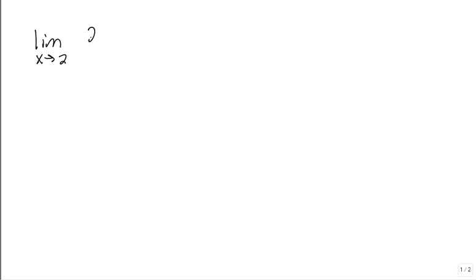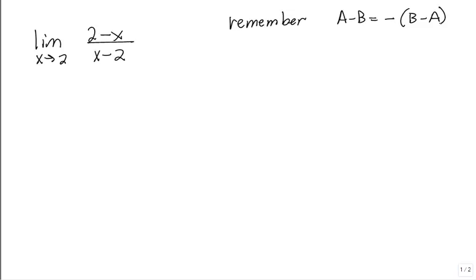Okay, for a quick example, if you get something like this, you have to remember that a minus b can be reversed with just bringing out a negative sign. So see, if you substitute a 2 in here, you're going to get 0 over 0.